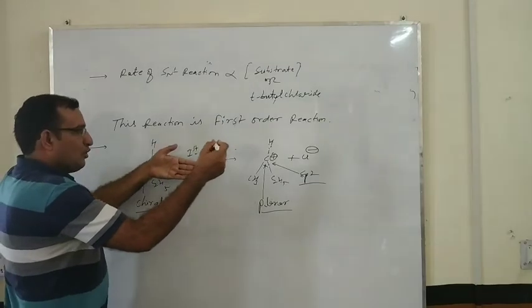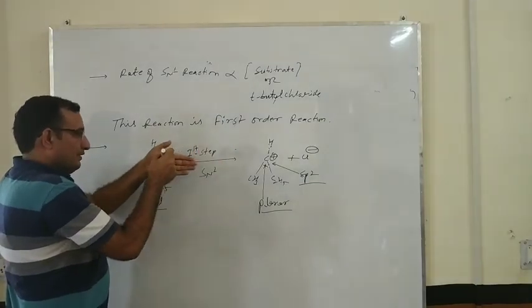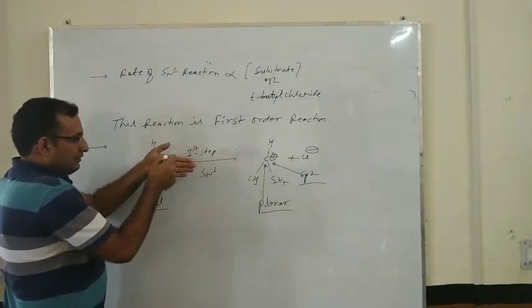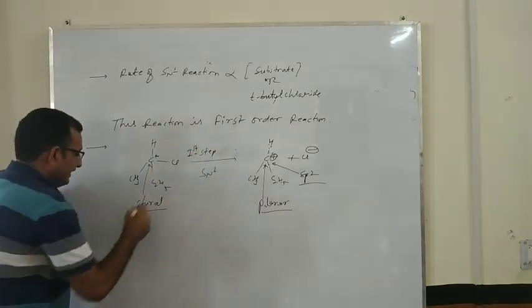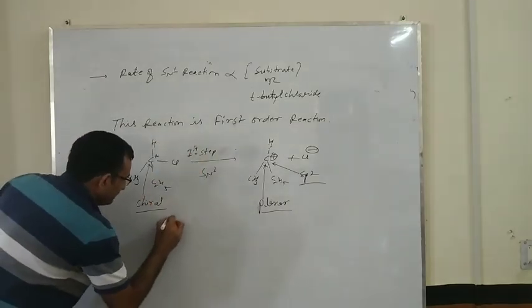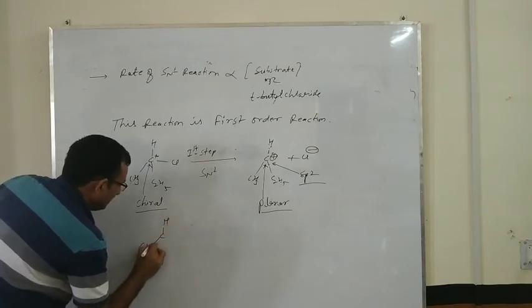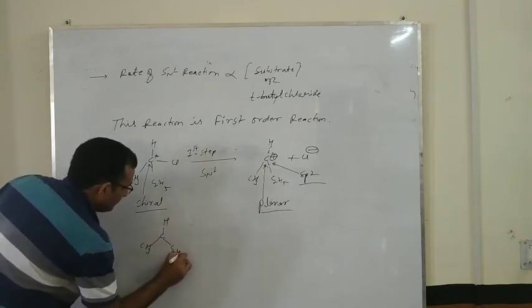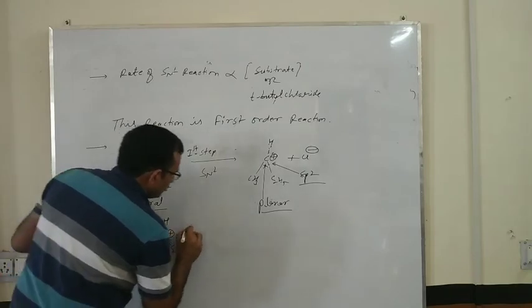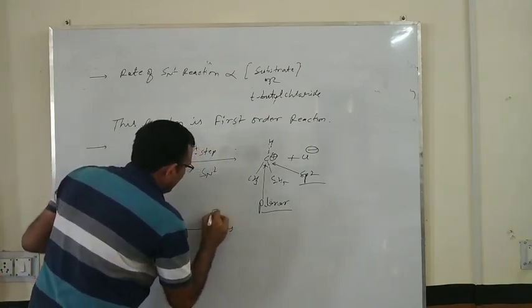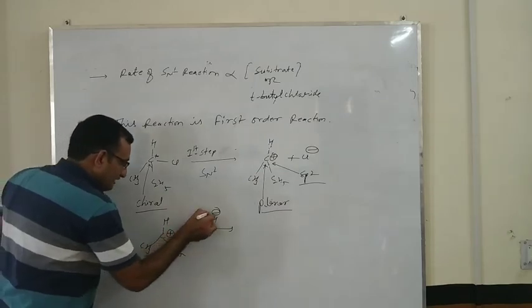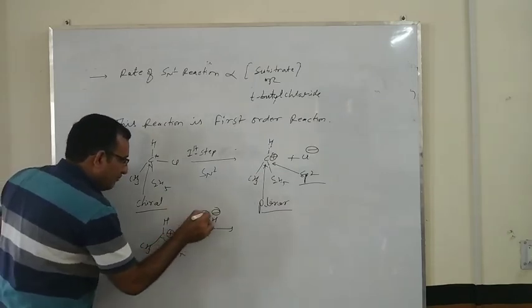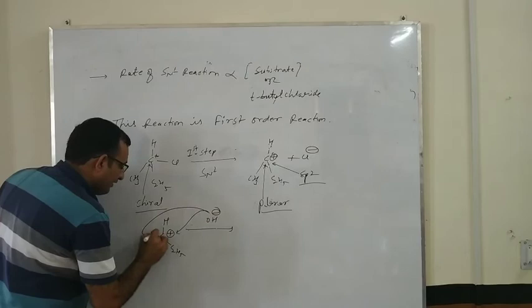Then the attacking nucleophile can attack from the front side and back side of the carbon. So we say that CH3 C2H5 has a positive charge, then nucleophile OH minus can attack from the side of the leaving group and the back side of the leaving group.